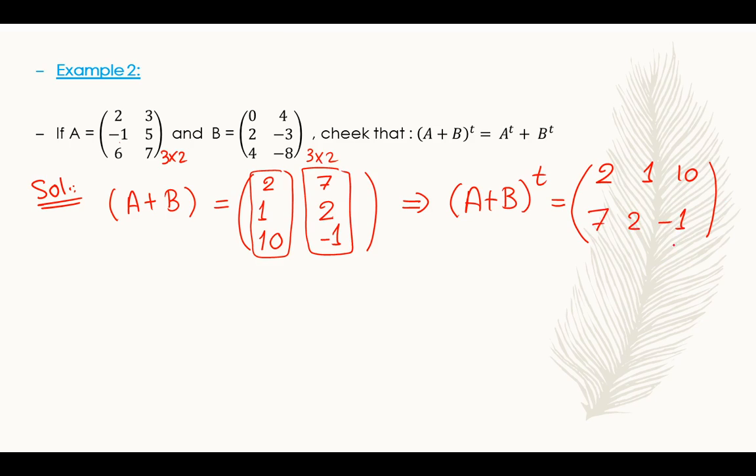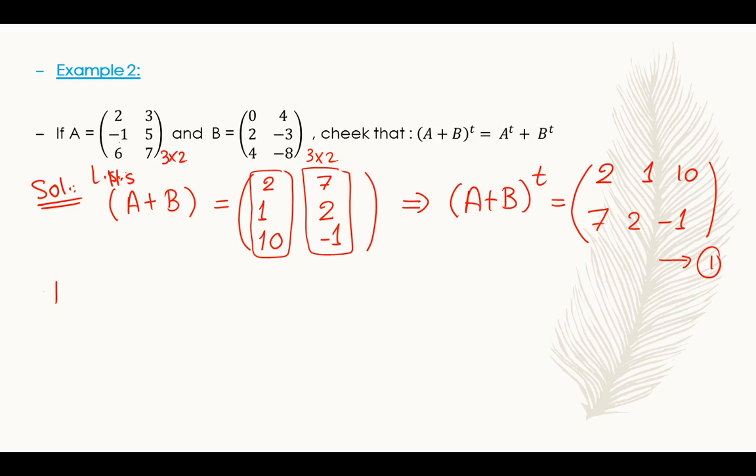This is the left hand side, which is A plus B for all transpose.